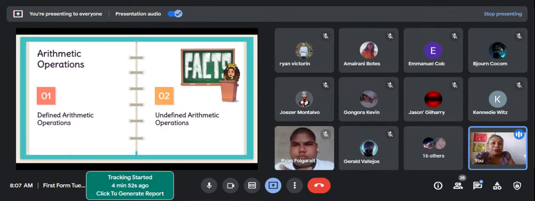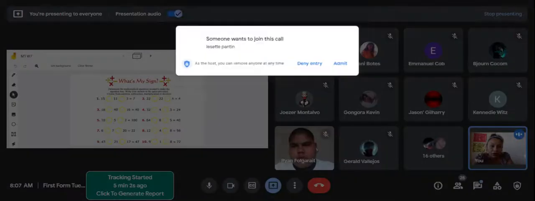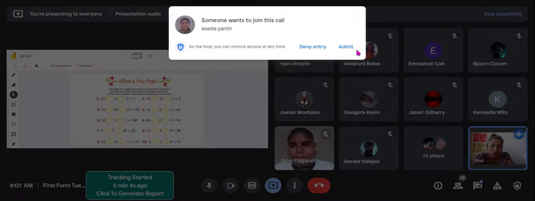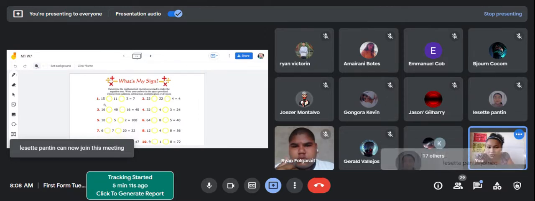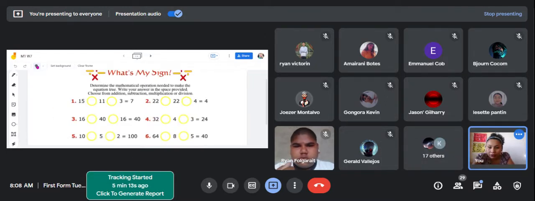So let me switch to this slide over here. Okay, can you guys see that? It says what's my sign? Let me see if I can zoom this. Okay. So we are going to be filling out little circles.